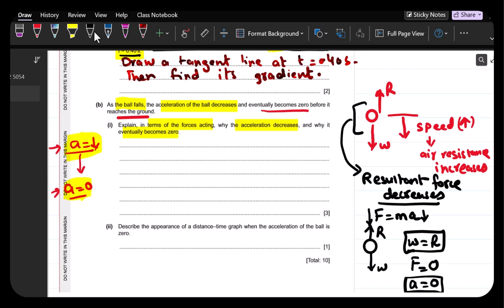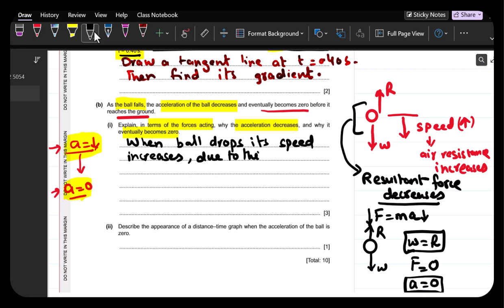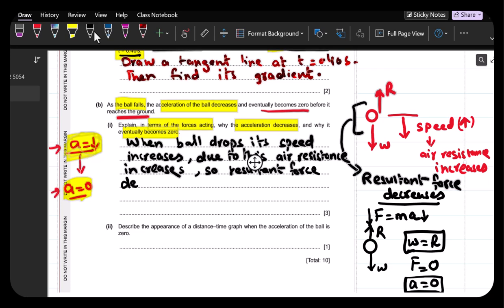So you have to write this here: when the ball drops, its speed increases. Due to this, air resistance increases. So resultant force decreases.